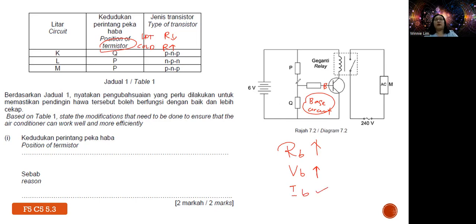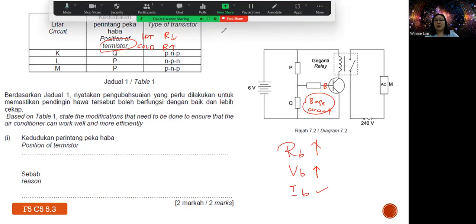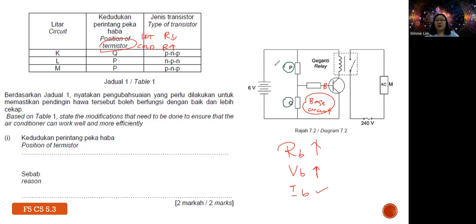Okay, so what is the relationship between P and Q? Since they call it a potential divider, the idea is if the resistance over here is high, then the resistance over here will be low, or vice versa. Since I already say I want the base to be high, the top one must be low.